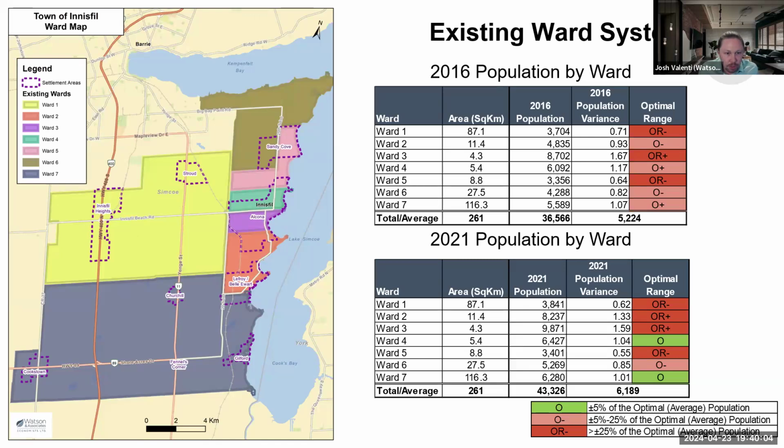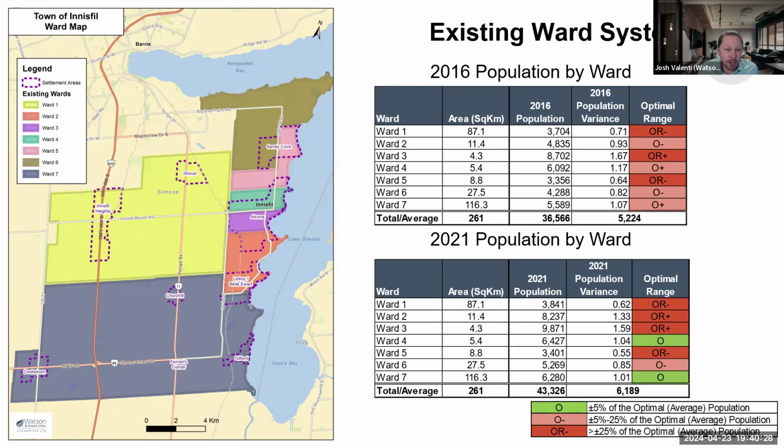wards. When we look at the population, as Bobby alluded to, we do have somewhat of a criteria of that 25% range. And as we can see here, in 2021, the population of Innisfil was just over 43,000. It was 43,326. And really the optimal or average ward size, if you take that 43,000 and divide it by 7, is about 6,100.